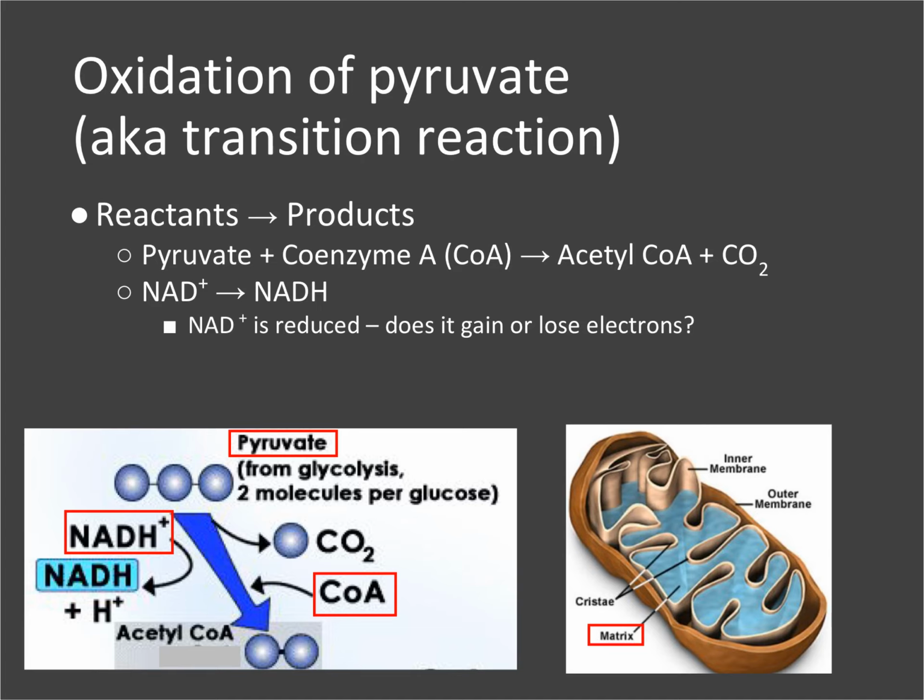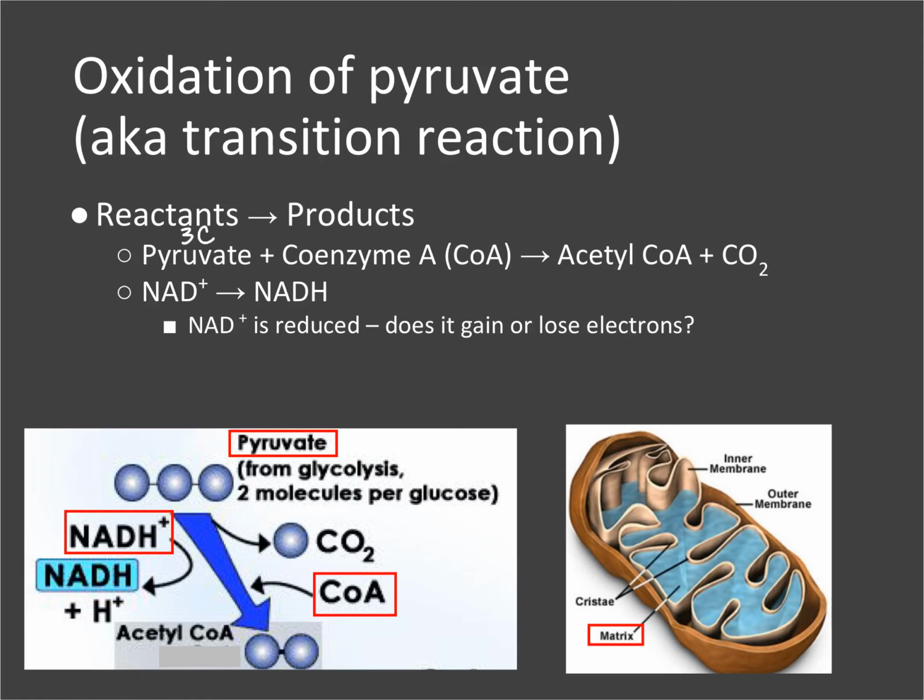So looking at the overall reactants and products of the oxidation of pyruvate reactions, first let's take a look at our carbon compound pyruvate. So remember, pyruvate is a 3-carbon compound, and it starts out by combining with something called coenzyme A, which we abbreviate as CoA.